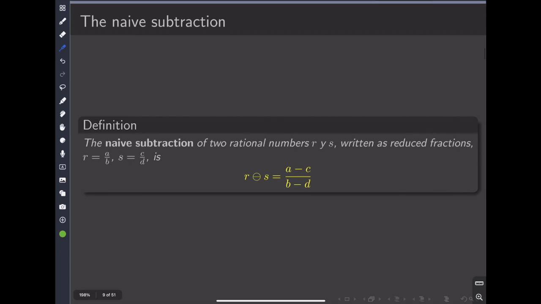Let me introduce also the naive subtraction, which is, if you give me the two reduced fractions, well, what could be the naive subtraction? So just this one, right? With the caveat that the denominator could be negative. A priori, I don't yet know that this is a reduced expression for this rational number.